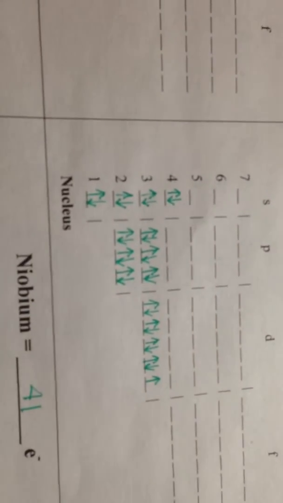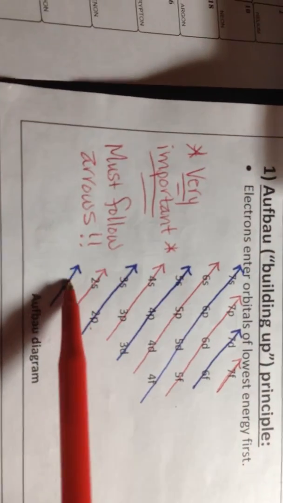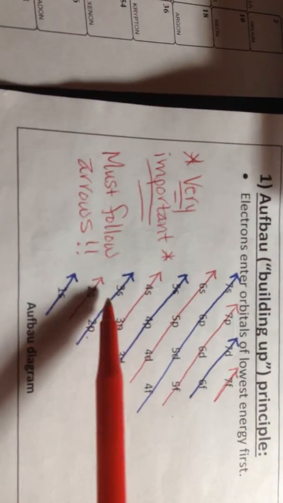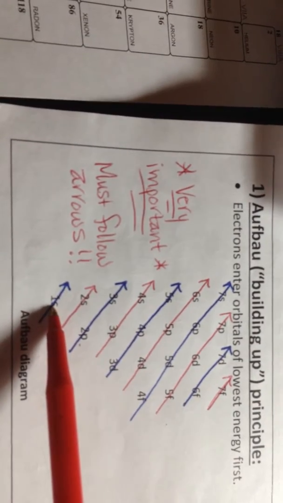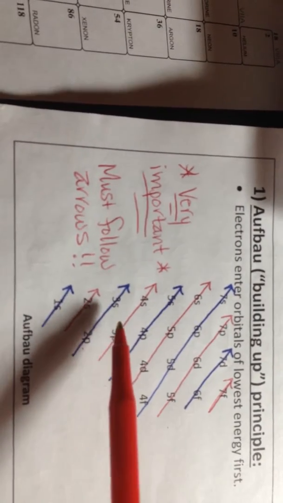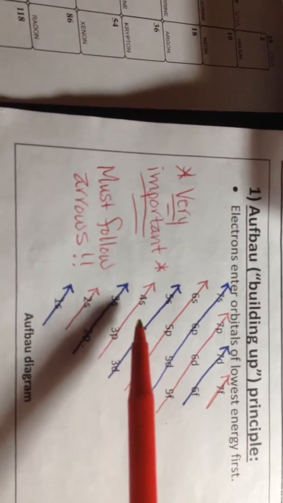So between this diagram here and still applying this, we're going to write out copper's electron configuration. Again, according to Aufbau, we have to start at the lowest energy level and then work our way up. So I'm going to go in this manner: 1s, then 2s, then 2p, then 3s, and then 3p.